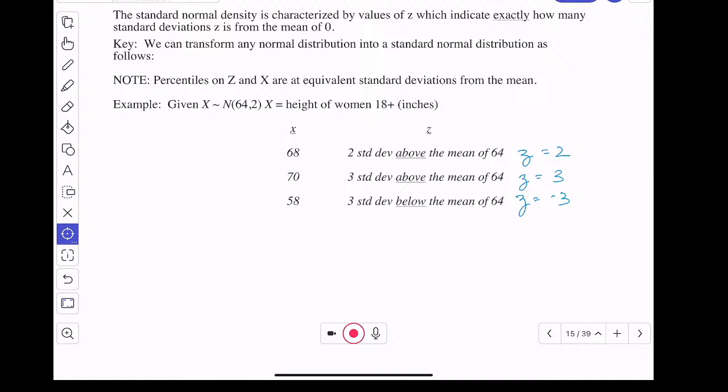Okay, so I can transform all the values, not just these ones, into standard normal values of up to 2 digits to be put on the table.